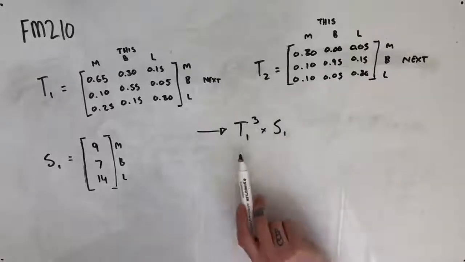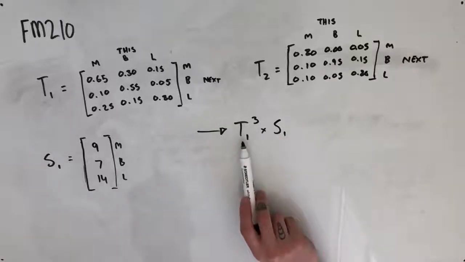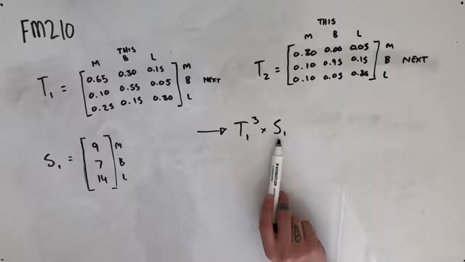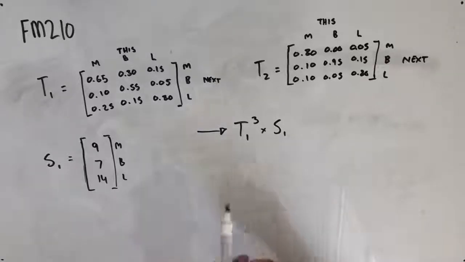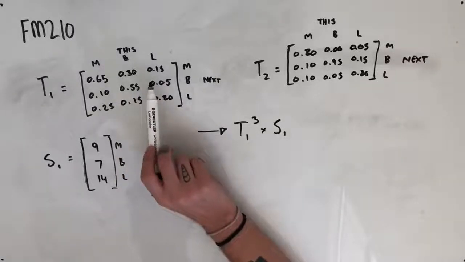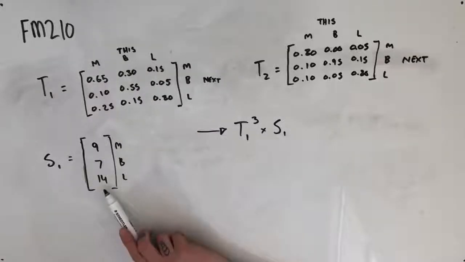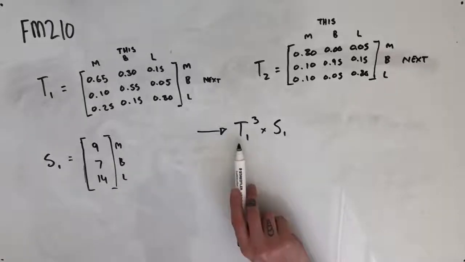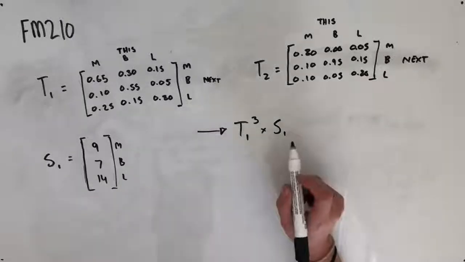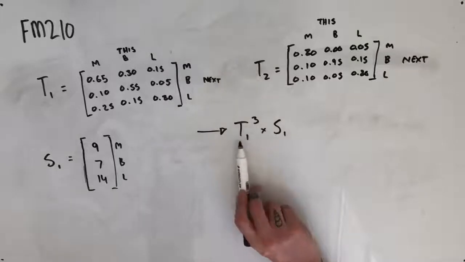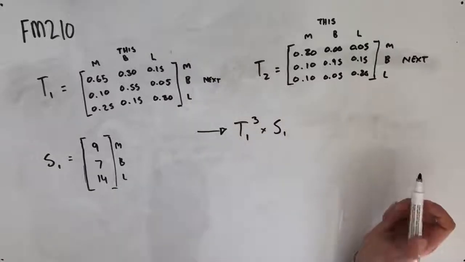The reason that I've got T1 on the left and S1 on the right in this matrix product is that T1 is a 3 by 3 matrix and our initial state matrix is a 3 by 1, which means in order for the product to be defined, they must be in this order. Transition matrix first, then state matrix.